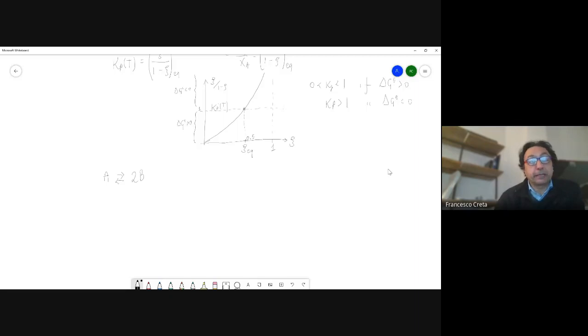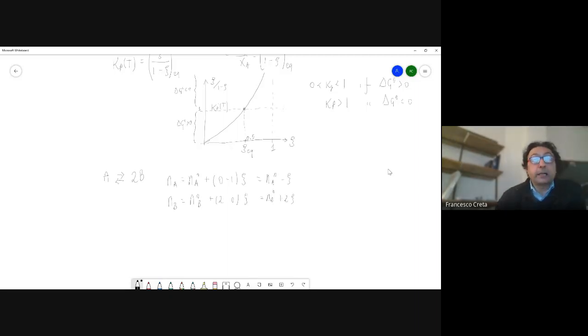So in this particular case, we'll do it very fast. The number of moles of A is the initial number of moles plus 0 minus 1 psi, and the number of moles of B is the initial number of moles plus 2 minus 0 psi. So this is Na0 minus psi, and this is Nb0 plus 2 psi.